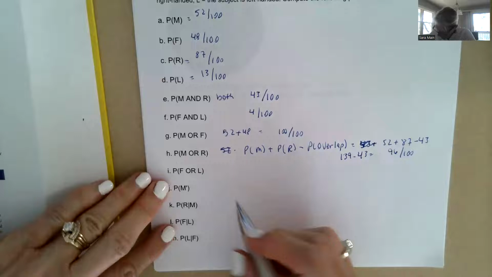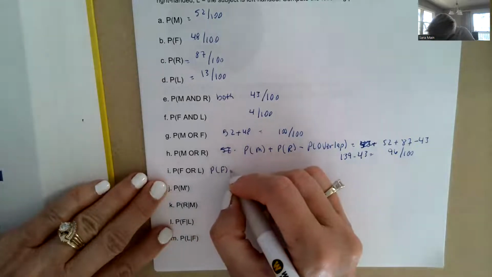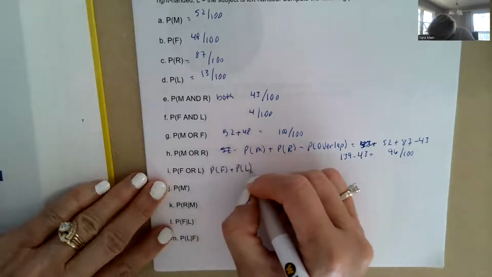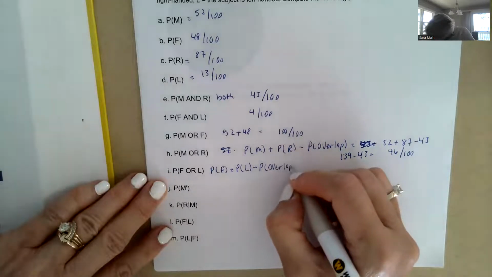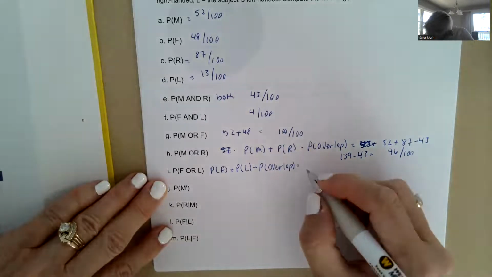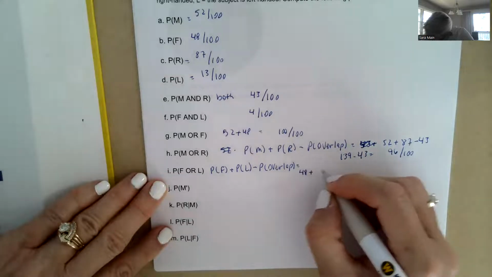For female or left-handed, the probability of a female plus the probability of being left-handed minus the probability of the overlap. So the probability of being female is 48 plus the left-handed people are 13.